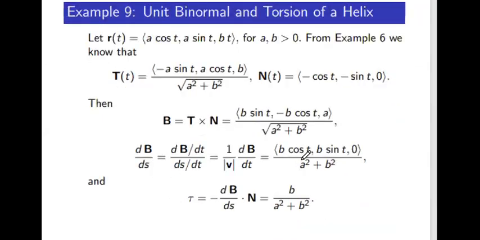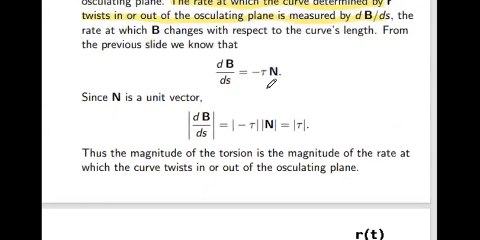So if you want to isolate tau, you have to take the dot product with N on both sides. N dot N is equal to 1 because N is a unit vector, the magnitude of N squared is 1.